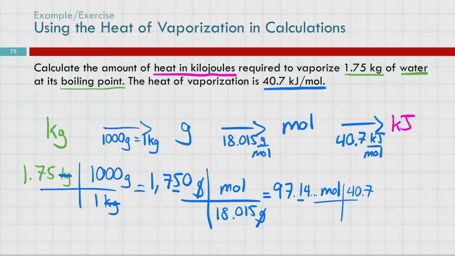And last but certainly not least, we multiply by our heat of vaporization. The moles cancel, we're left with kilojoules.